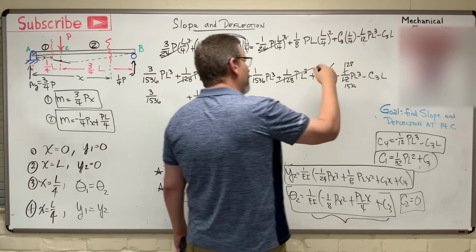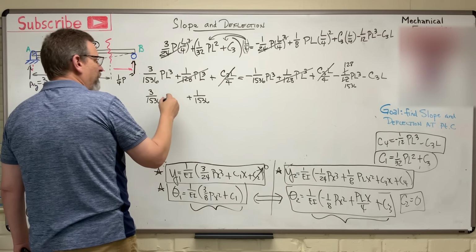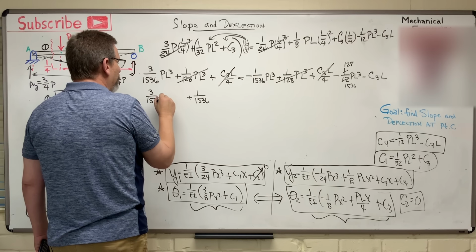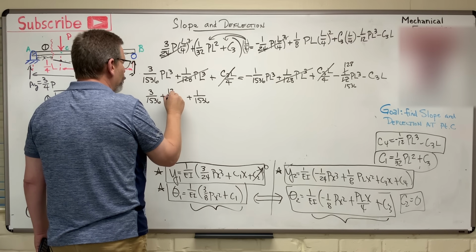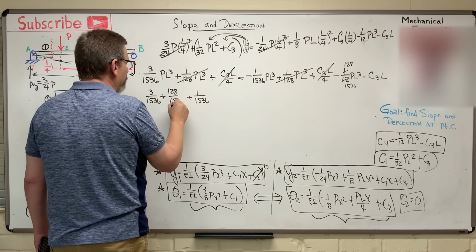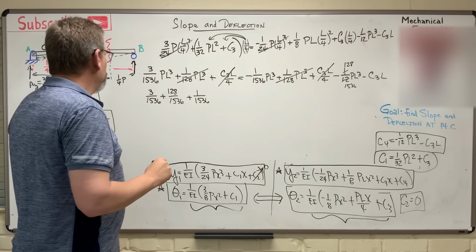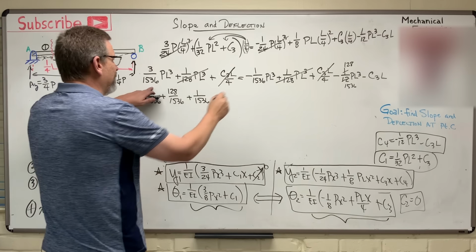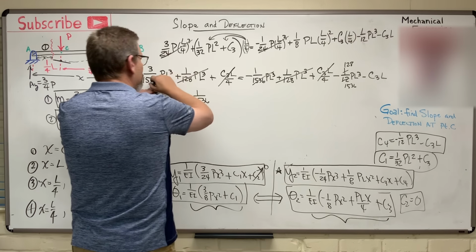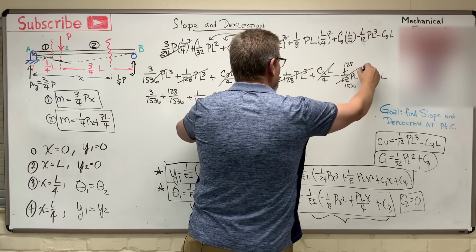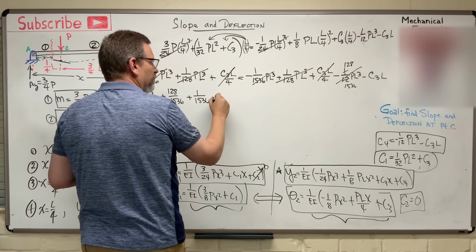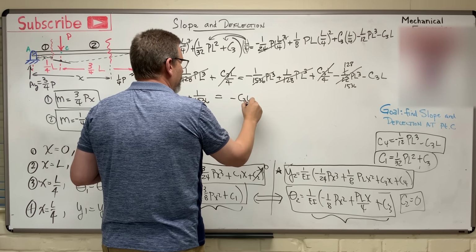And let's move it to the other side, so it's negative, it's going to become a positive. So plus 128 over 1536. So that's that one and that one, yes, and that one, yes. And it only leaves that one, which equals negative C3L.